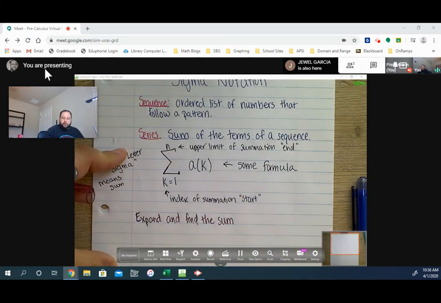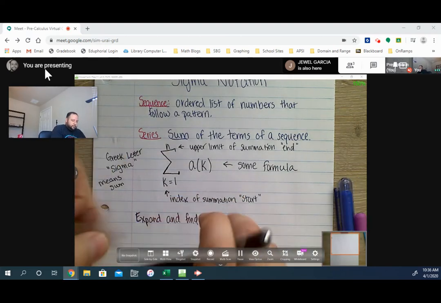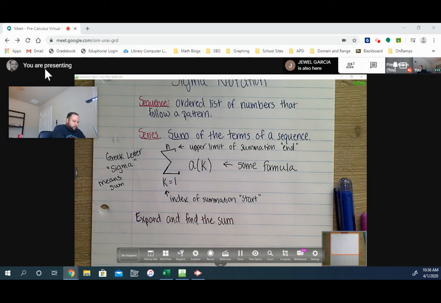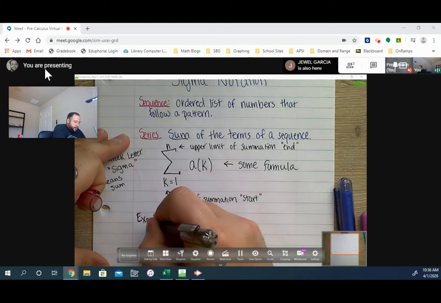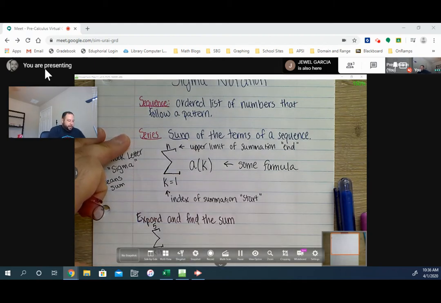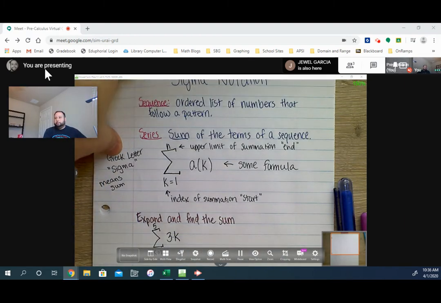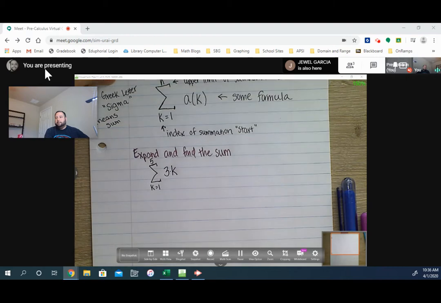So expand and find the sum. We're going to start at k equals 1. We're going to go all the way up to 5. And our formula is going to be 3k, just 3 times k. So expand and find the sum.